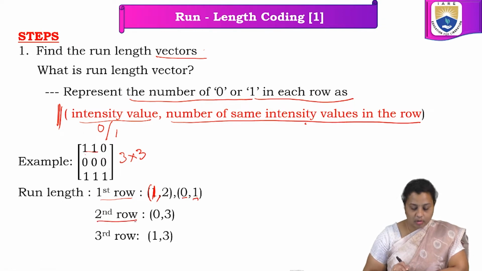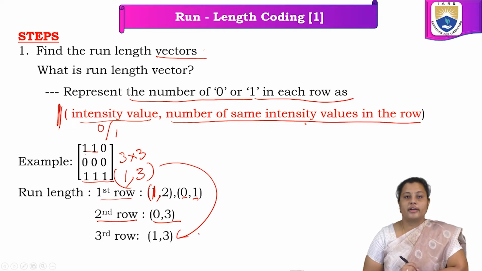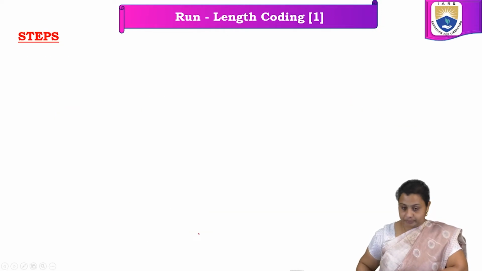The second row we write in the form 0, 3. Then for the third row, the intensity value 1 with count 3. So this is called the run length.